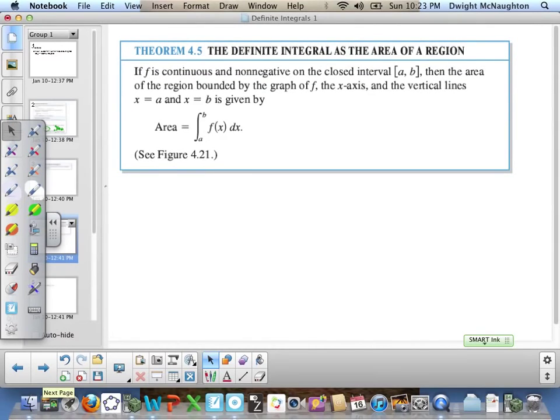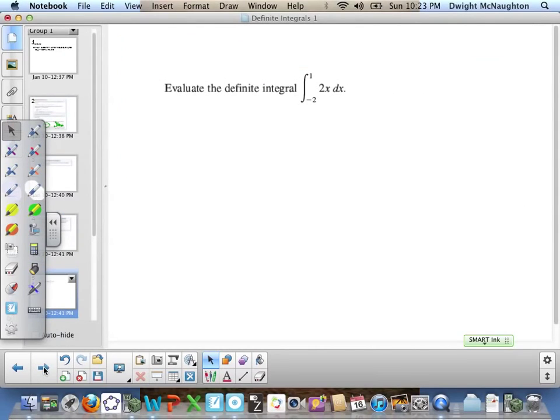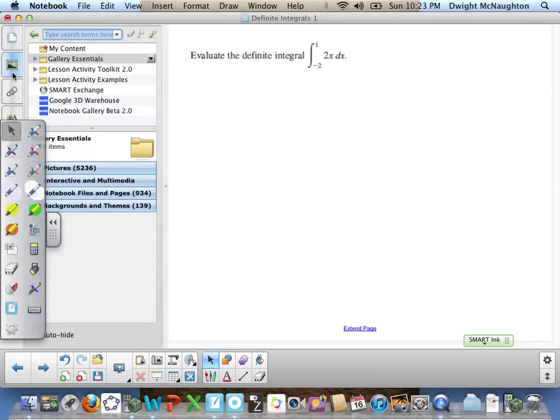All right, so what does this mean? An actual example. Let's evaluate the definite integral of 2x with respect to x from negative 2 to 1. What this means is we want the area underneath the curve y equals 2x. Let me draw that out.